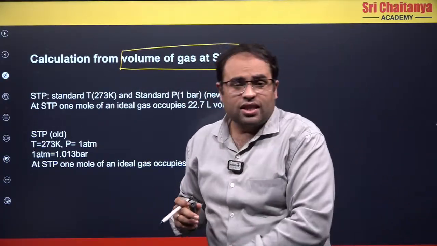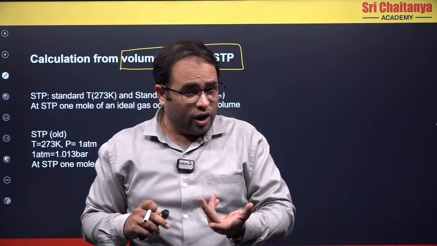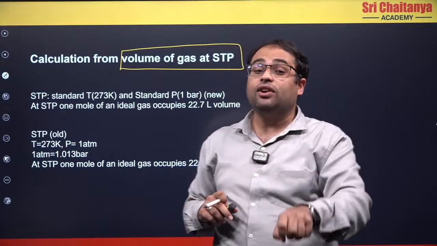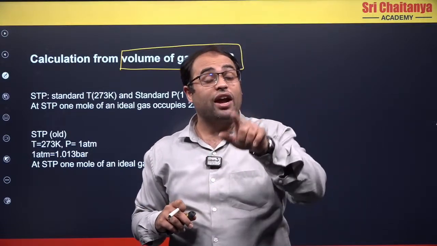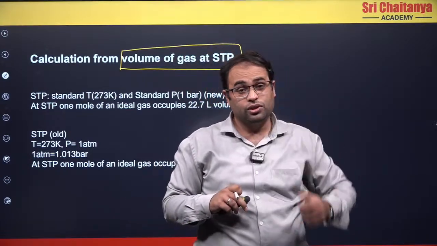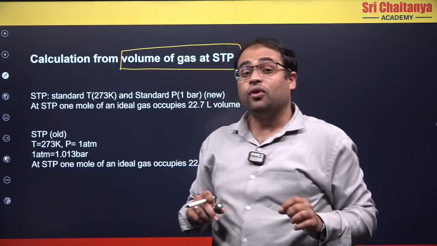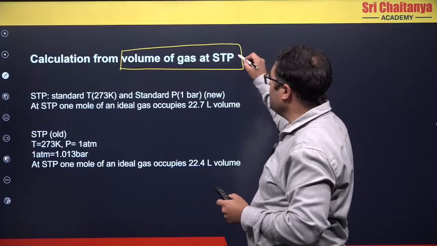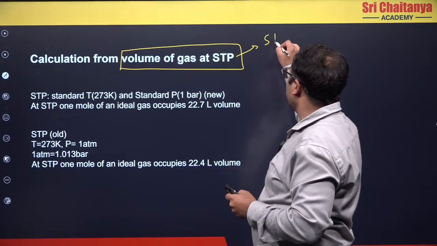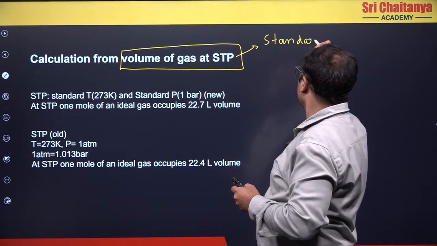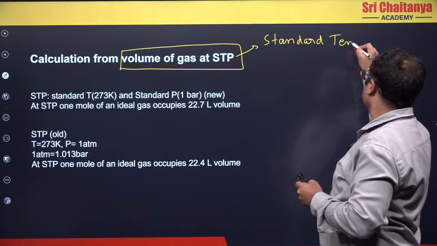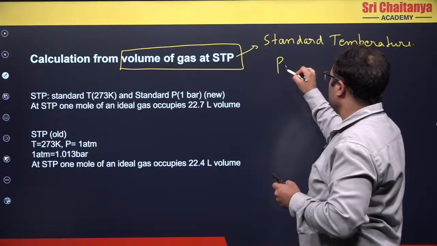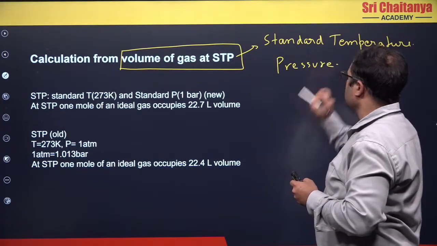So if mass is given to you, you will divide it by molar mass and get the moles. If number of particles is given to you, you will divide it by Avogadro's number Na and then you will get the moles. But if volume of a gas at standard temperature pressure, STP, is given.